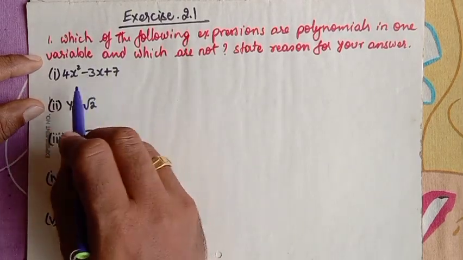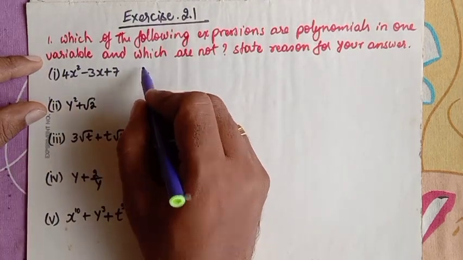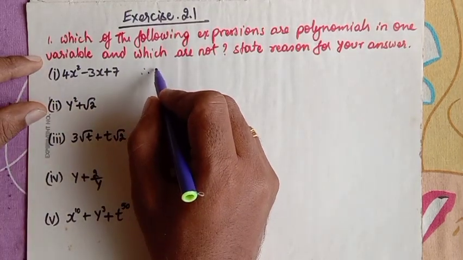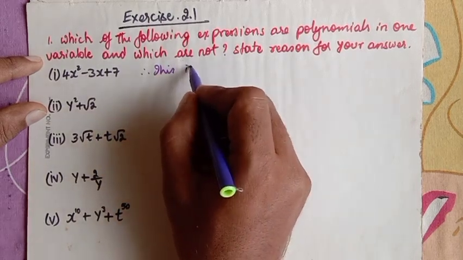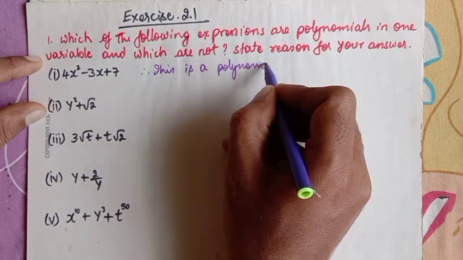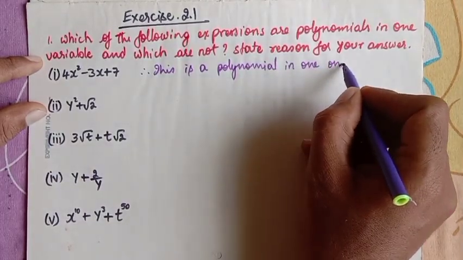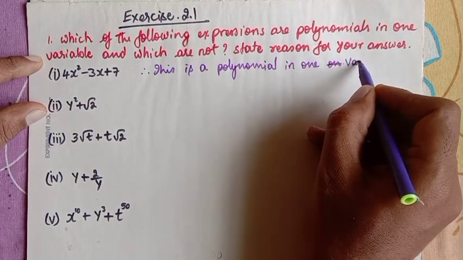X only is the variable. Therefore, this is a polynomial in one variable.